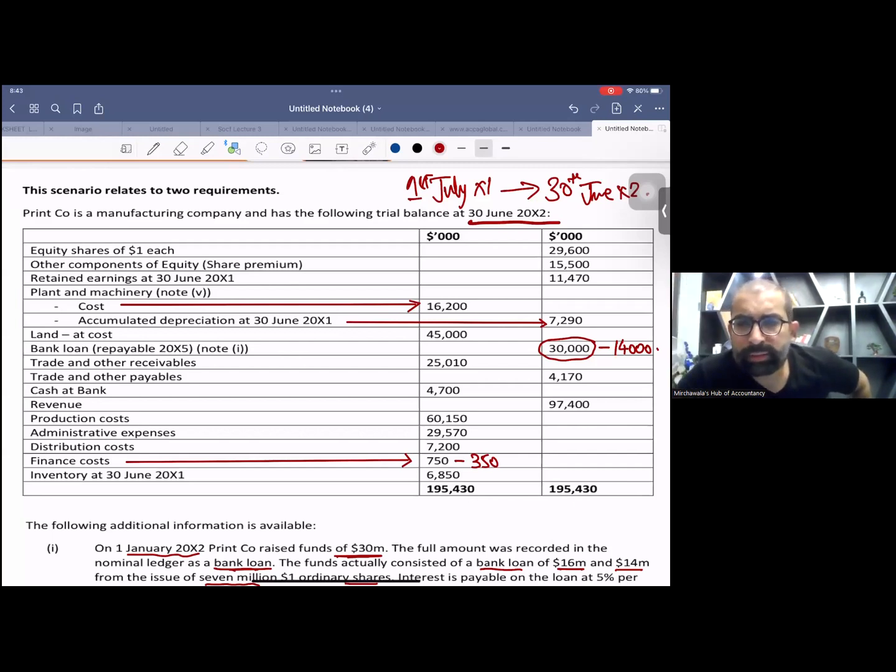Now look here. Cost is 16,200 for the whole plant, and this is the accumulated depreciation, 7,290. First of all, we'll remove the cost and accumulated depreciation of the asset which is held for sale, and we'll simply depreciate the remaining plant.